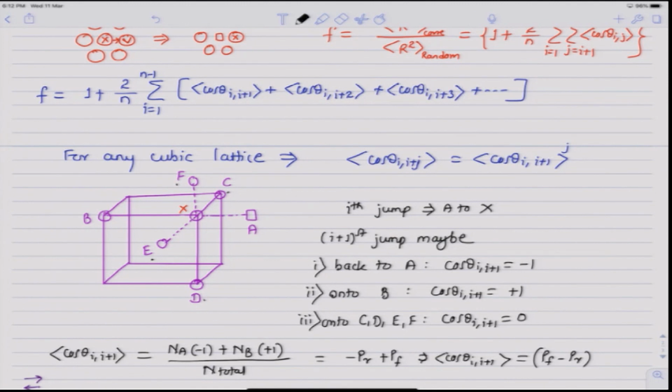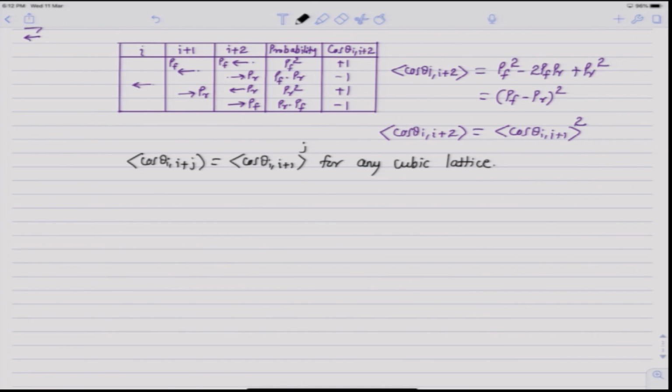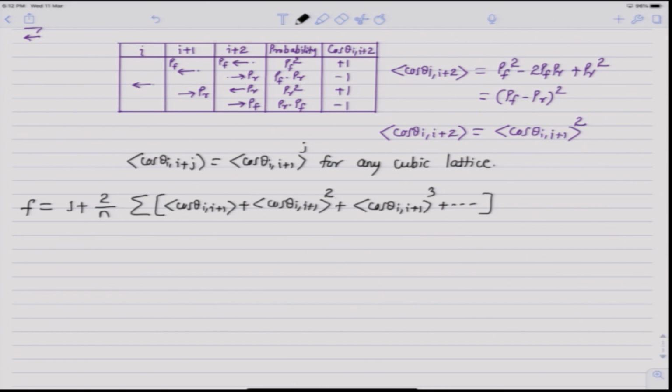So, let us substitute this back into the expression for f, and let us try to derive the expression for f. So, f is equal to 1 plus 2 over n summation of average of cos theta (i, i+1) plus average of cos theta (i, i+1) squared plus average of cos theta (i, i+1) cubed, and so on.